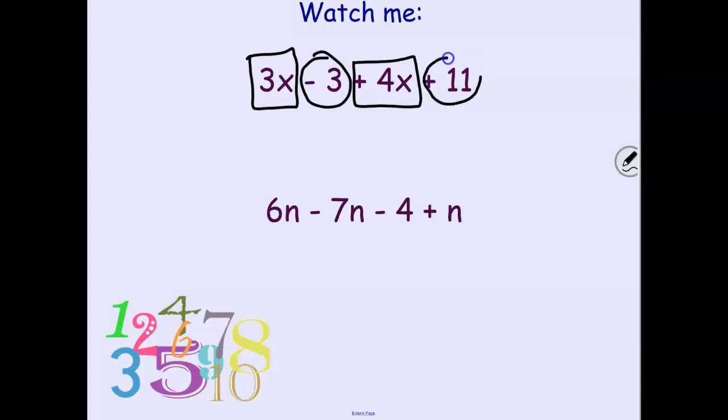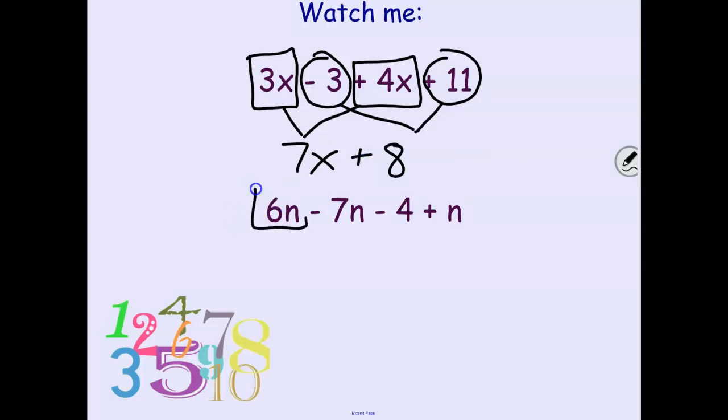Notice how I grabbed the signs. And I'm going to draw little V's coming down like this to show how they go together. And so I'm going to put my x's together. 3x plus 4x is 7x. And I have negative 3 and positive 11. Positive plus negative, or negative plus positive, subtract. And positive wins. So I would get that is a grand total.